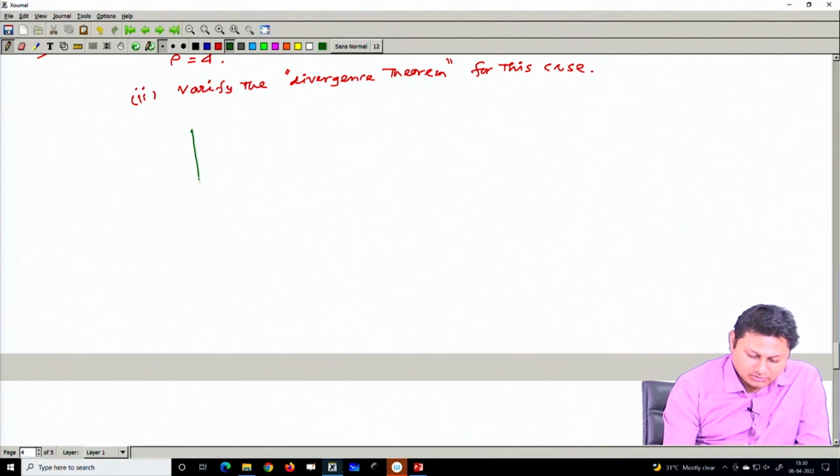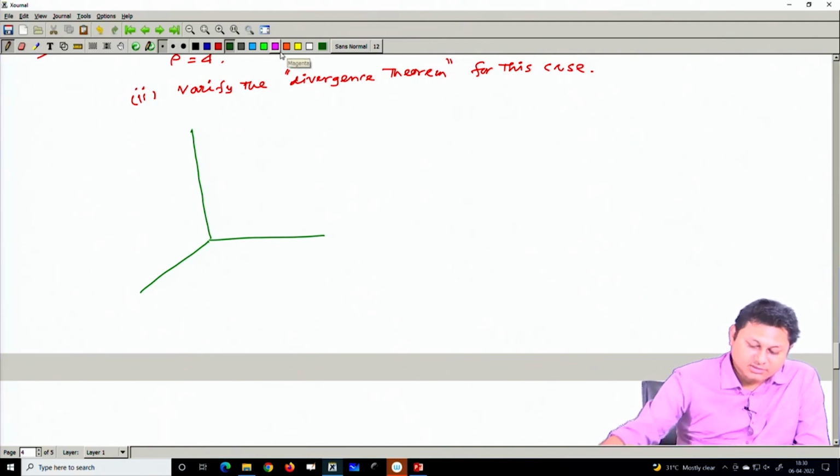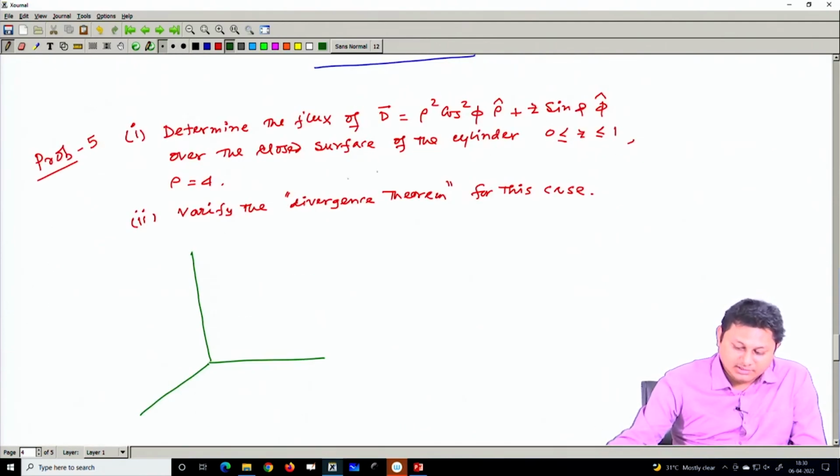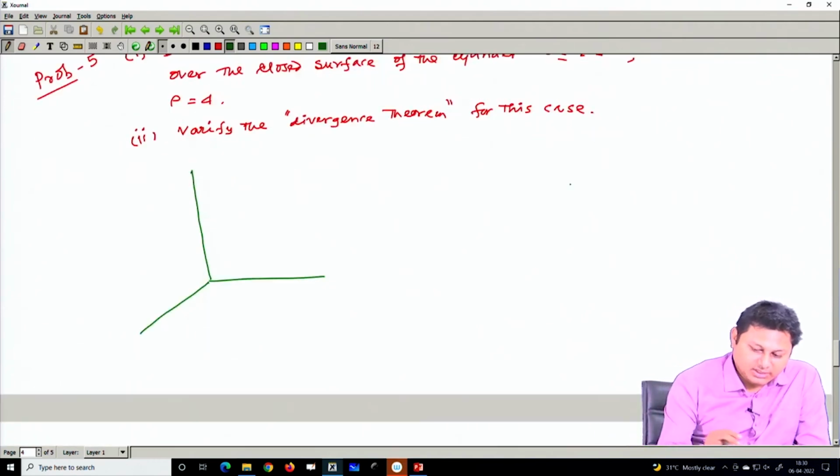As usual I have a coordinate system here and this is a cylindrical coordinate. The closed surface is a cylinder. I can just draw it and it should be something like this.